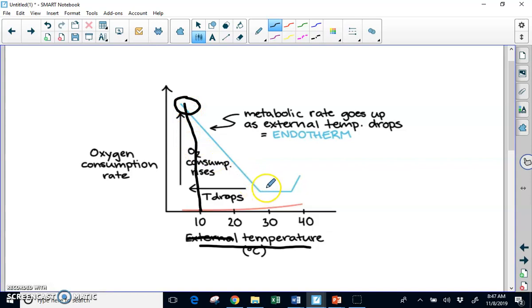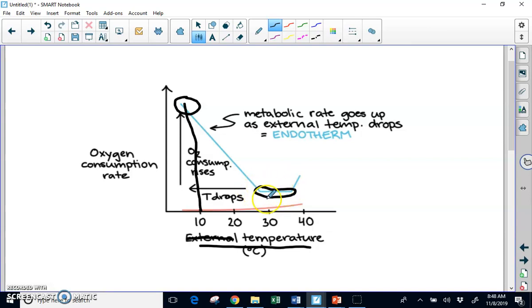Humans, or animals, or endotherms in general, feel best at between 30 and 40 degrees Celsius. At that point, their metabolic rate is staying the same. They're neither doing respiration to warm themselves up, nor using energy to cool themselves down.